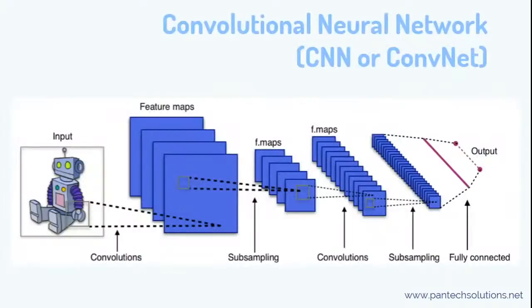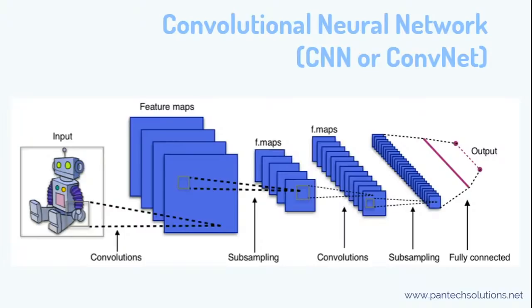The next one is CNN, the convolutional neural network. A convolutional neural network is mostly used to train on videos and pictures. It has two important things, convolution and subsampling. Convolution means that if you have an image, it takes some important data from that image.